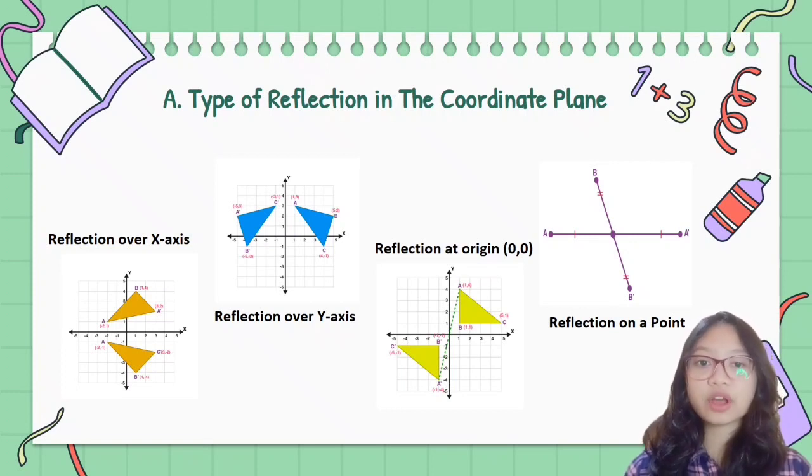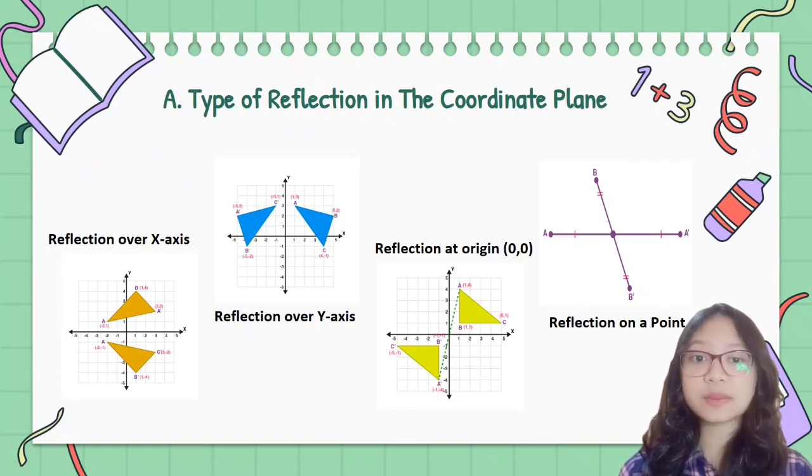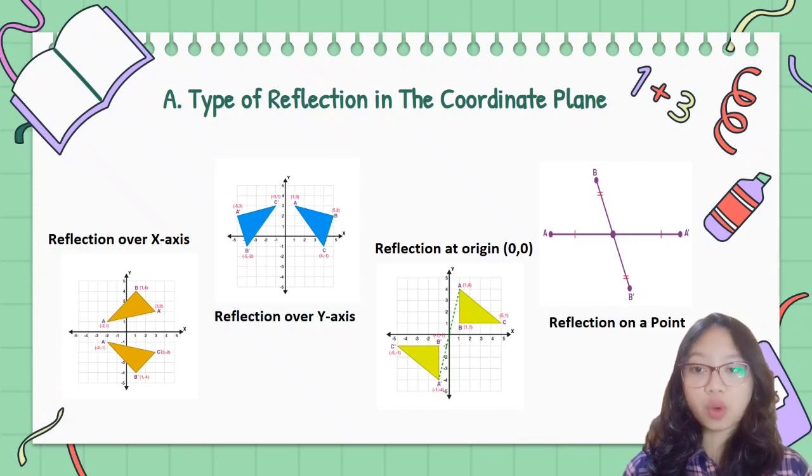After the point of reflection is the origin, the pre-image ABC is transformed into A accent, B accent, and C accent. When you draw a line segment connecting the point A and A accent, the origin should be the midpoint of the line. Therefore, for the point of reflection at the origin (0, 0), the image of the point (x, y) is (-x, -y).